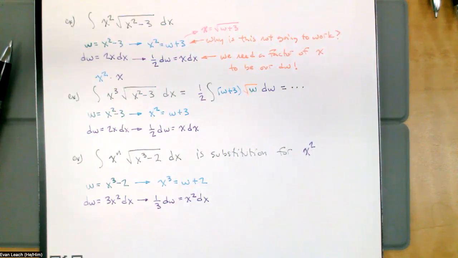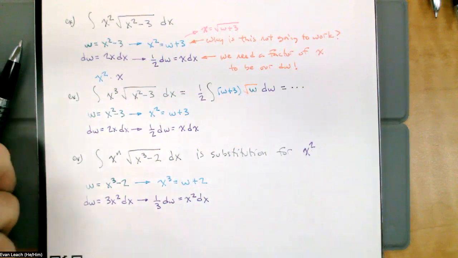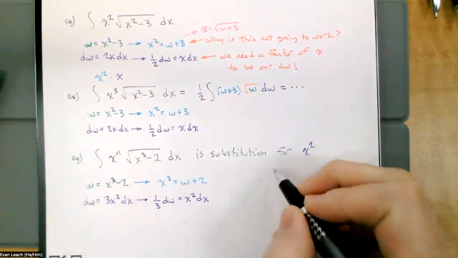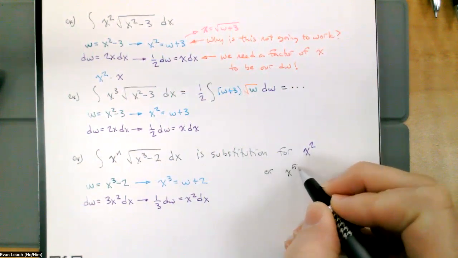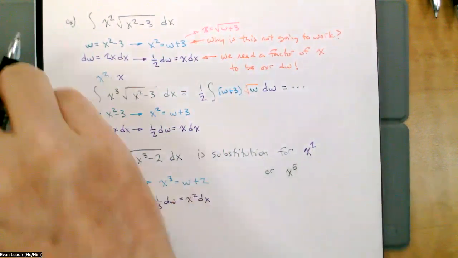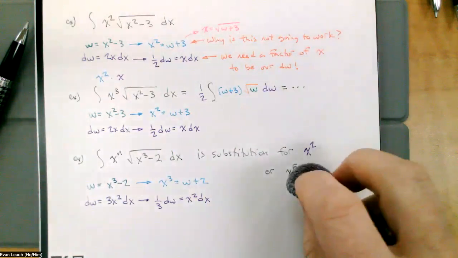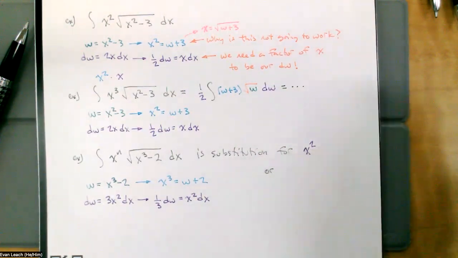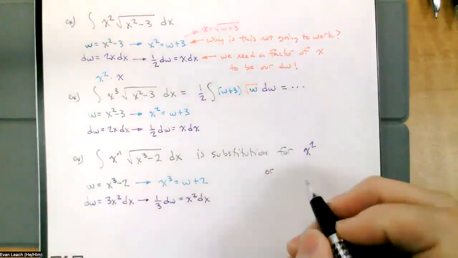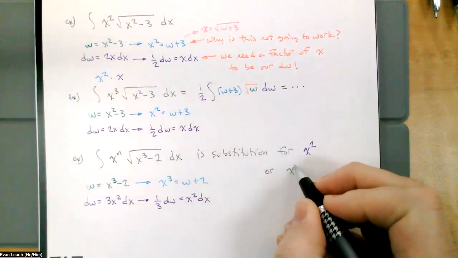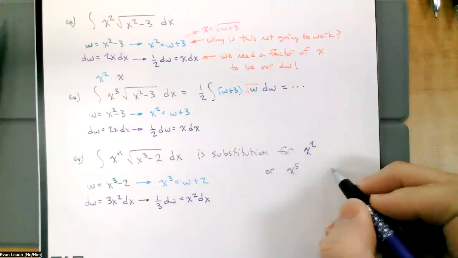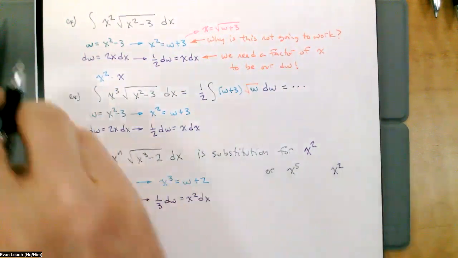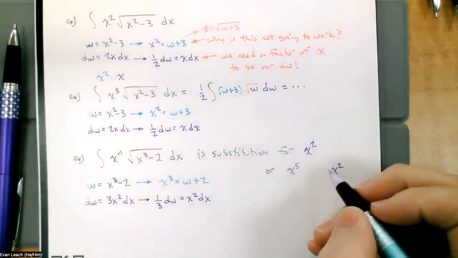One level up from that, it could be that we have an x to the 5th. If we have an x to the 5th, then I'll have x squared to be the dw and an x cubed to be w.